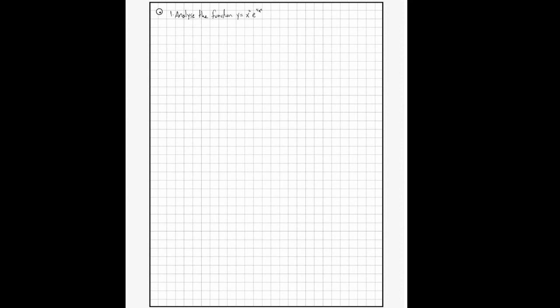So let's continue. First question says that I need to analyze the function y equals x squared times e to the 1 over x squared. So the first thing I need to do is graph the equation on my calculator, and I should get something a little bit like that.